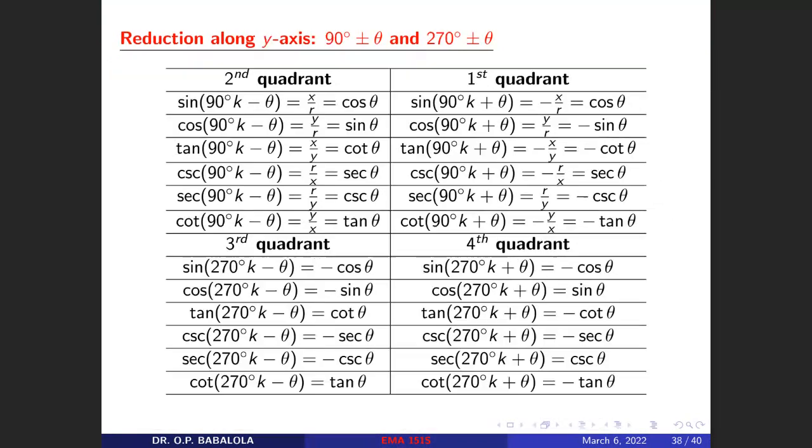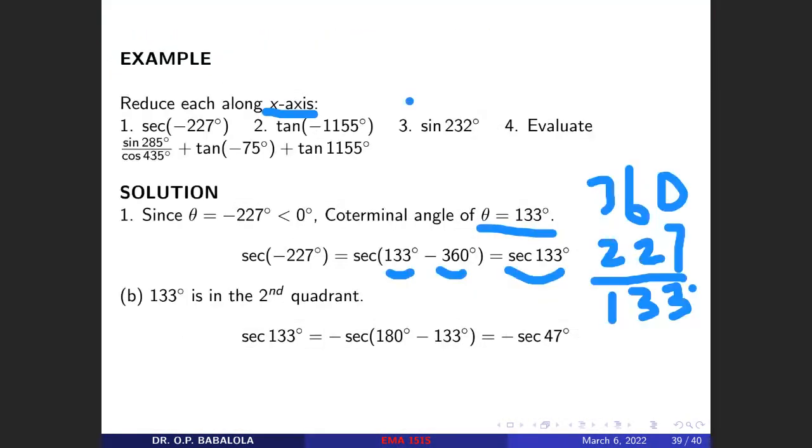Let me go back to the table to see. So it's minus sec of 180 minus 133. And it is 180k minus theta, please write it down. That's what we are using from the table for sec.